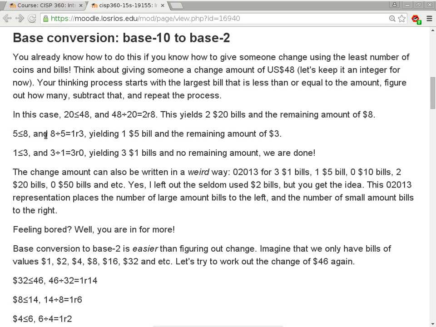But in base 2, you have to specify the numbers of powers of 2 in order to express a particular value. Are there any questions about the base conversion part? Your next homework assignment has base conversion stuff in it, so if you have questions, this is a good time to ask. No questions? This is all good?